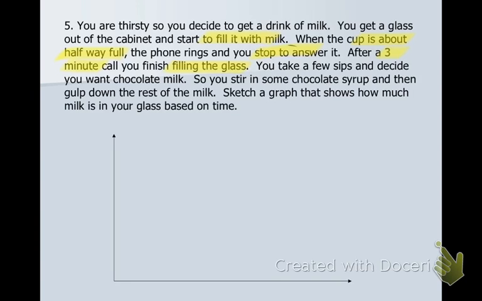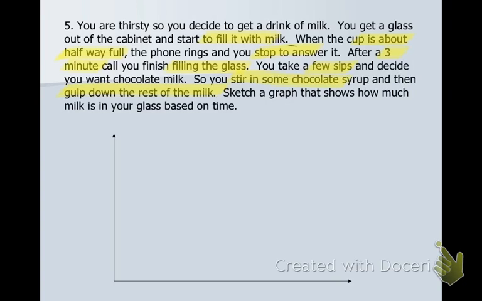Okay, take a few sips and decide you want chocolate milk instead. So you stir in some chocolate syrup and then gulp down the rest of the milk. Sketch your graph. Okay, sketch your graph.